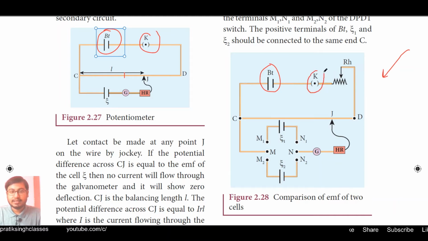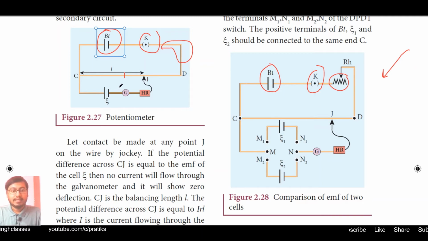Another key is here. And in between these positions, instead of only wire, a rheostat is connected. A rheostat is a device in which we can increase or decrease the resistance so that the current value can be kept at a constant value.